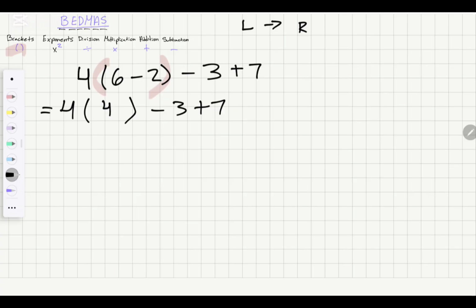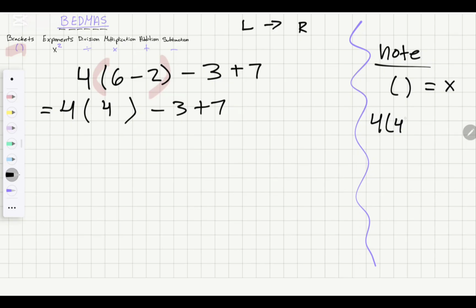Now I want to make a quick other note over here. So these brackets, they mean multiplication, if you've never seen that before. So 4 bracket 4 is like saying 4 times 4.